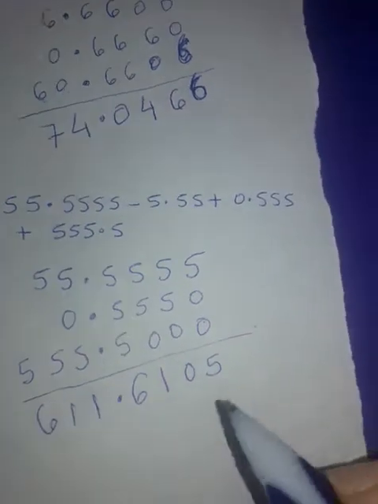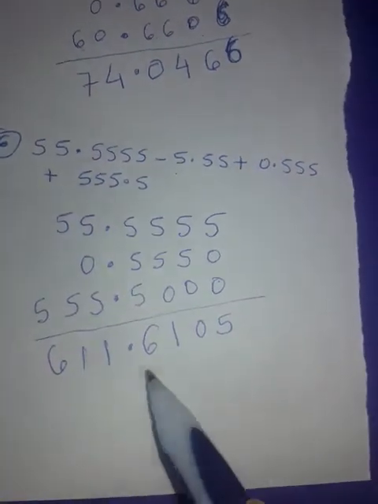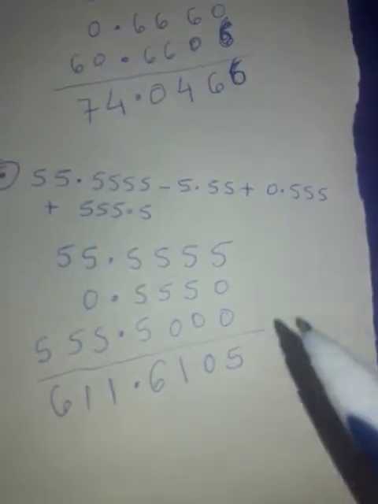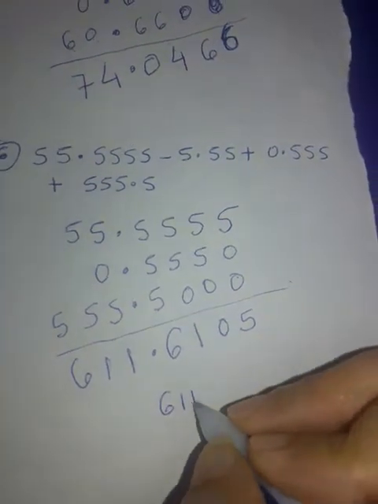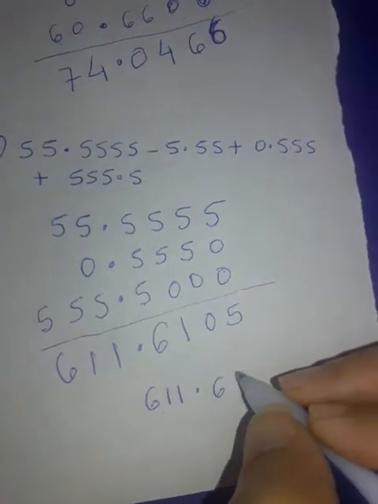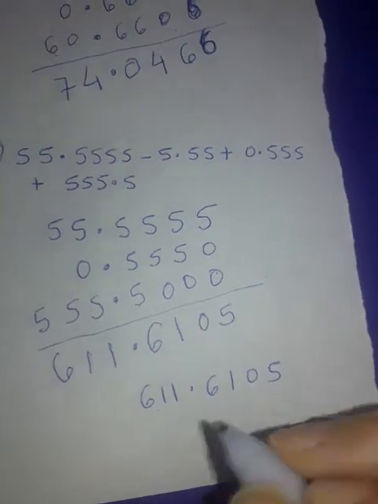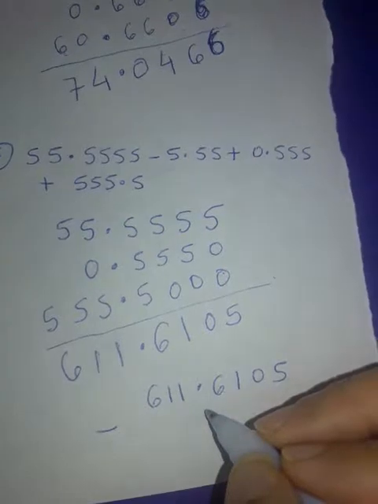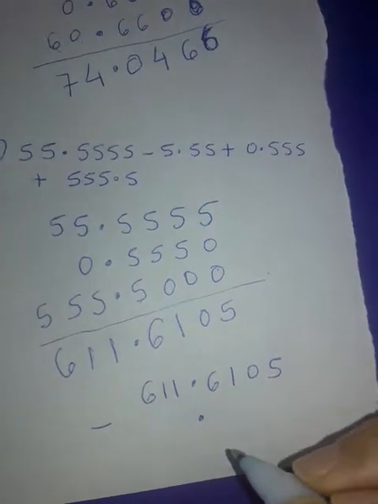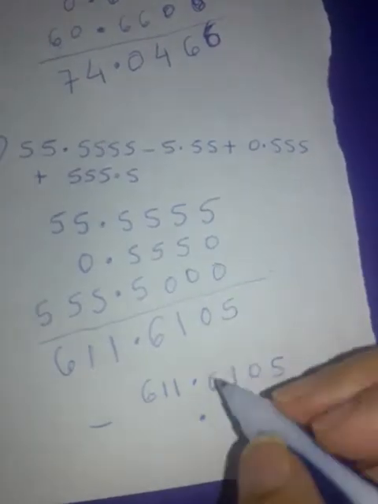My sum is this. Now from this I'm going to subtract 5.55. So I'm just copying this minus. So decimal point below exactly, I'll write another decimal point, 5.55.